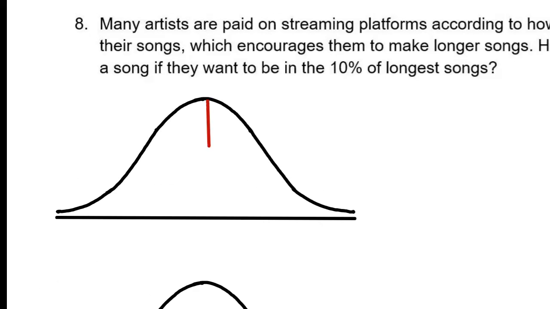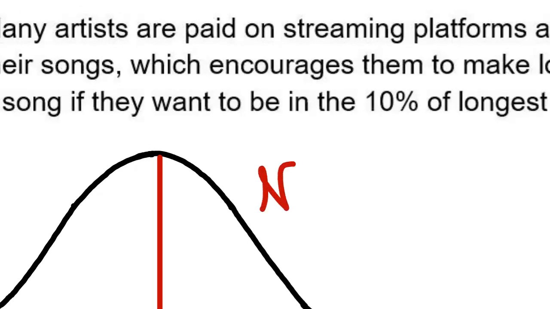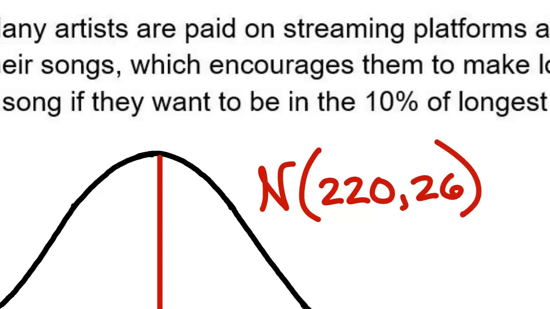So first thing I'm going to do, straight down the center, put my mean. Tell me it's a normal curve, put the mean and the standard deviation. Label those guys.